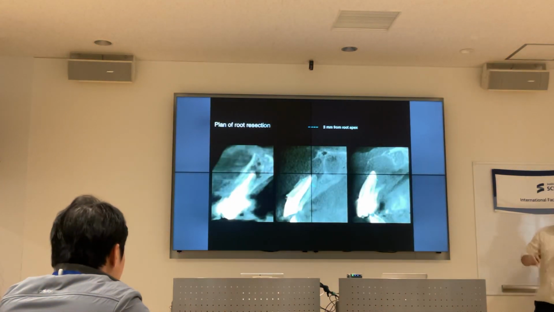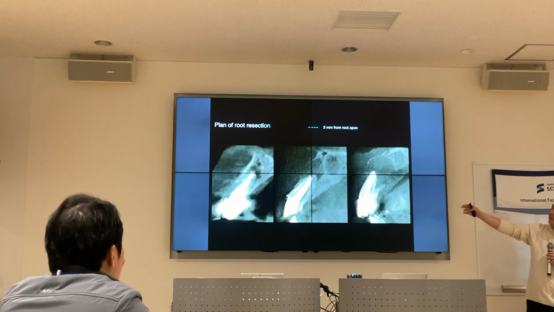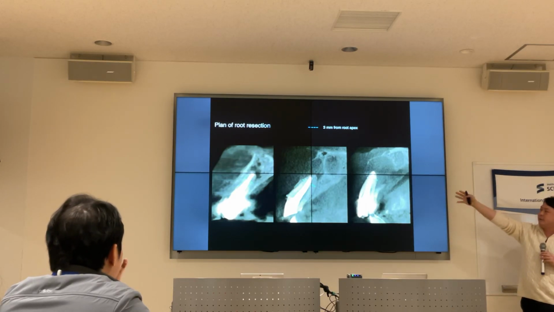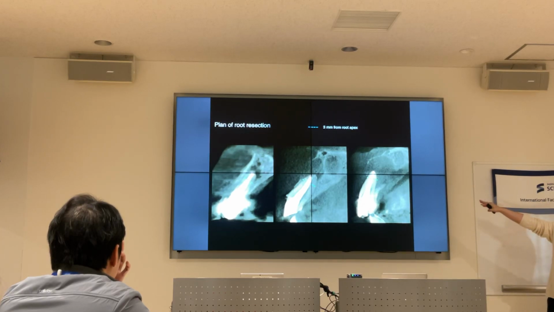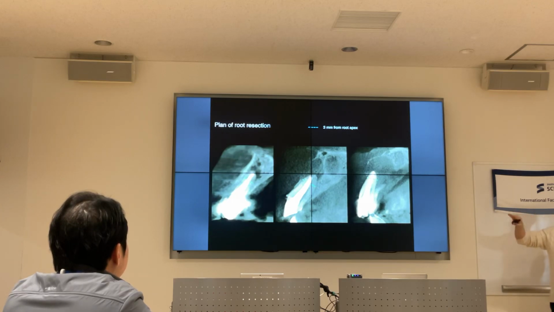I'll show 3 cases. The first case has no bone defect. The second case is where the bone window is open buccally. The third case is a through and through case. This blue line is 3mm from the apex. Which position is better to cut for root resection? In my opinion, this red line is good.